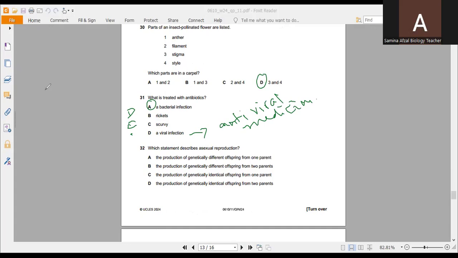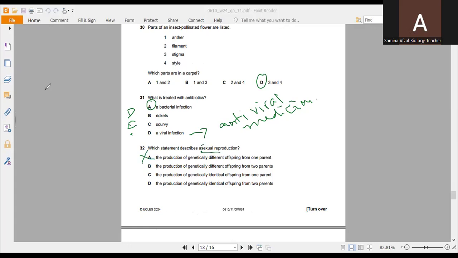Which statement describes asexual reproduction? In asexual reproduction, a single parent is required and the offspring which are produced will be genetically identical to each other and to their parents. So the production of genetically different offspring, no, they will be genetically identical.